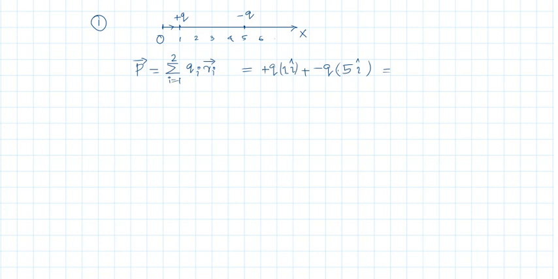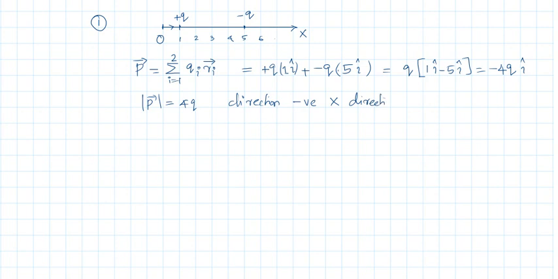Therefore, you can take q outside: 1 i cap minus 5 i cap. It is minus 4q i cap. That is, the dipole moment has magnitude 4q and direction negative x direction, that is from negative to positive charge.